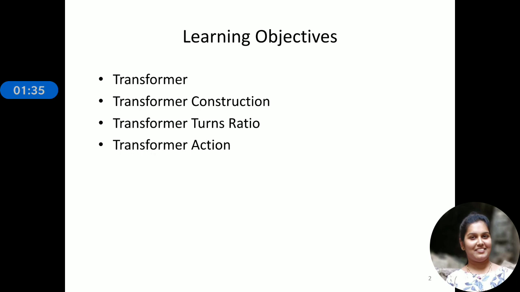In order to understand the fundamentals of the transformer, we just have to know what is meant by self-inductance, mutual inductance, and Faraday's laws of electromagnetic induction. With this basic knowledge, we'll discuss what a transformer is all about.